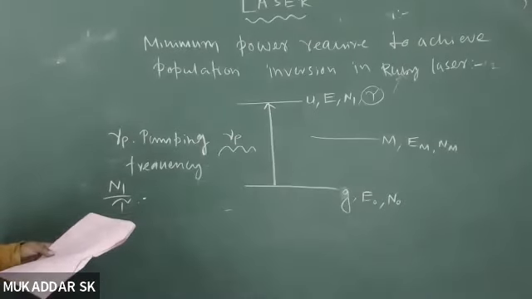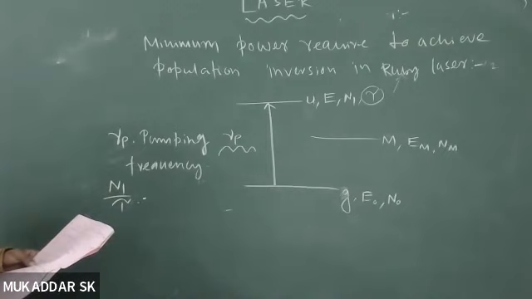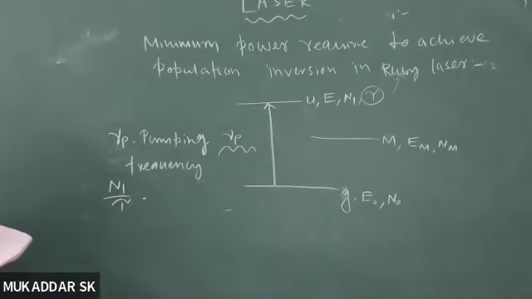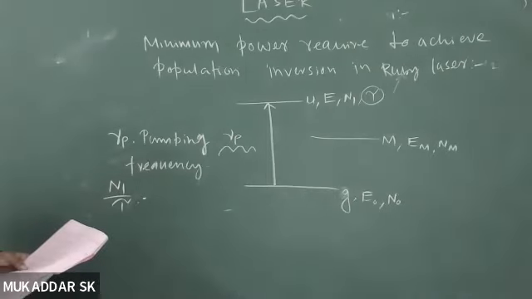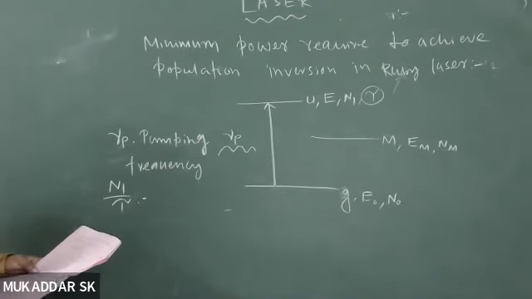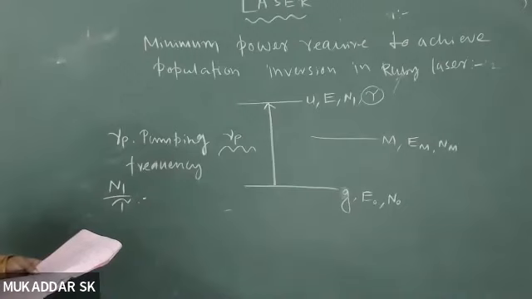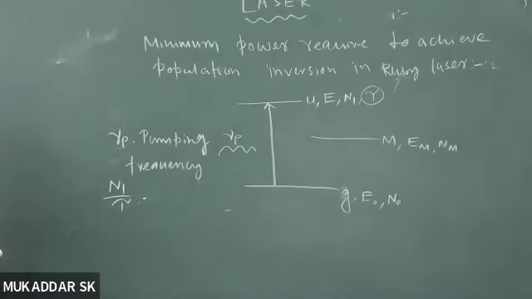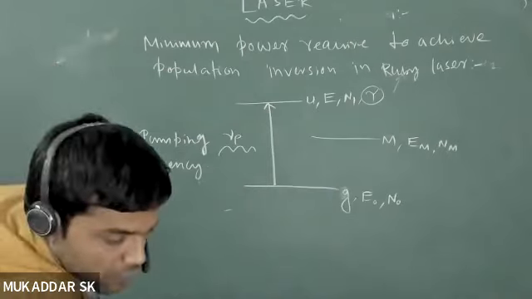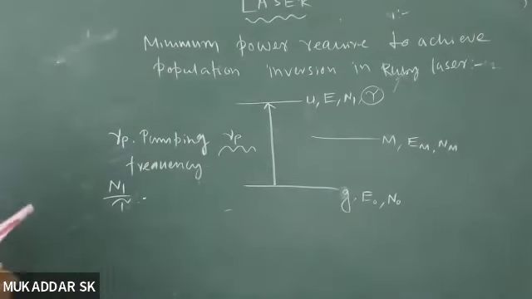It represents the number of atoms or ions decaying per unit time from the upper level U.